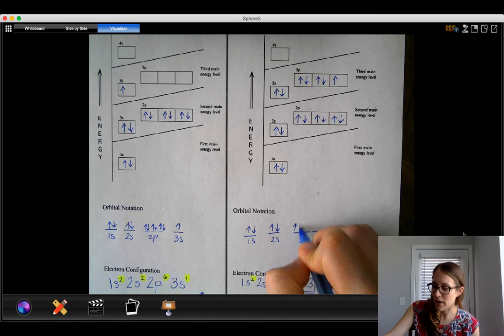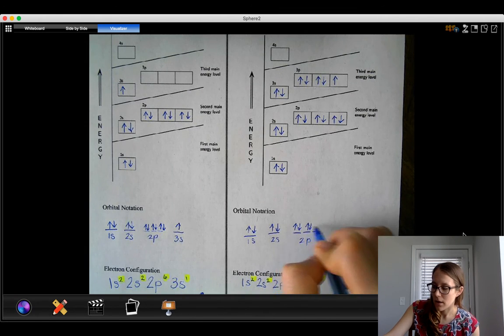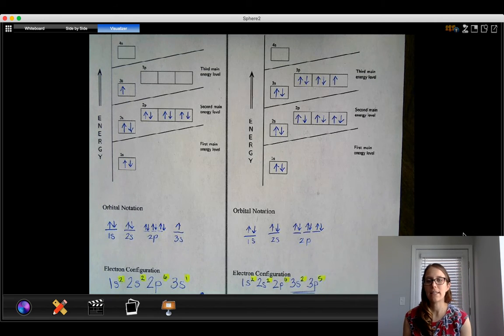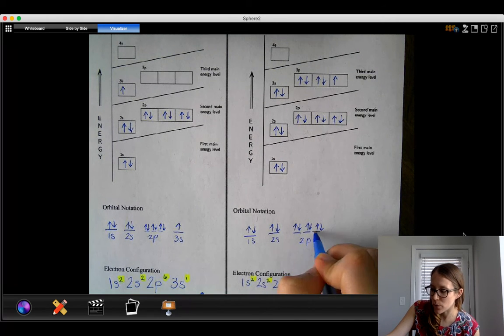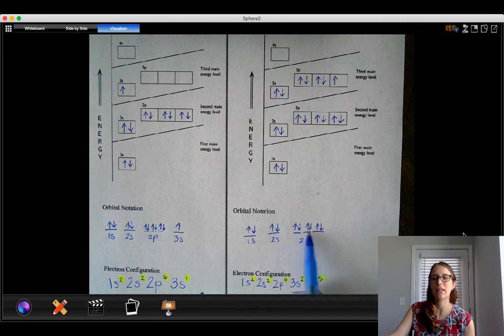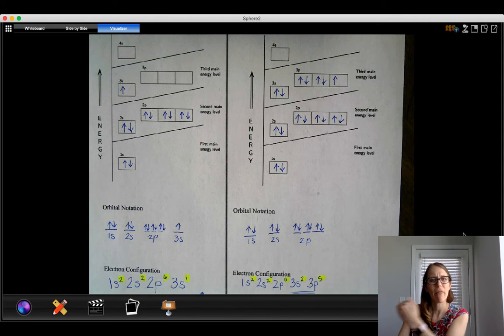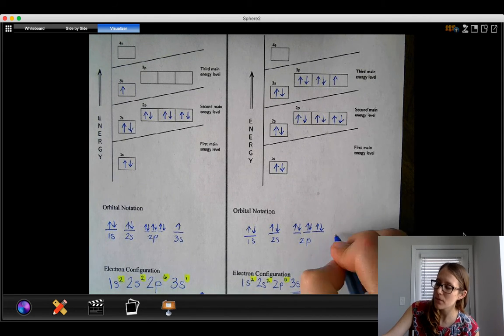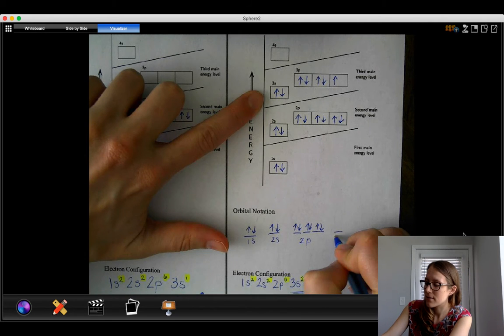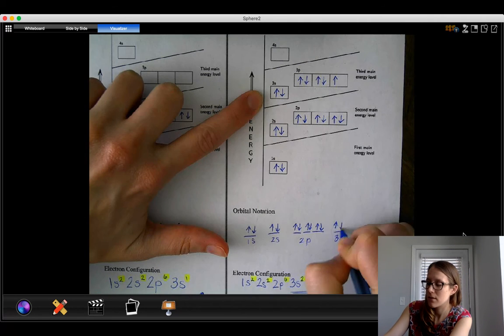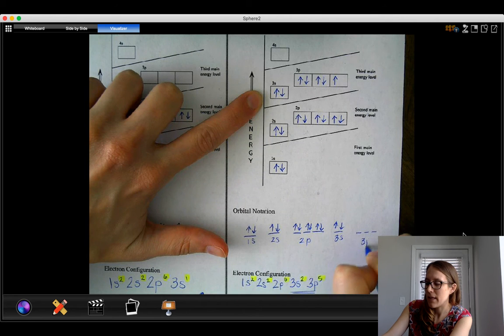Each line got 2 arrows. This goes back to what we said before. A single orbital can never have more than 2 electrons, so that's why there's 3 different lines and each one has 2. I don't draw one line with 6 arrows on it. 3s has 2 electrons, and 3p has 5.